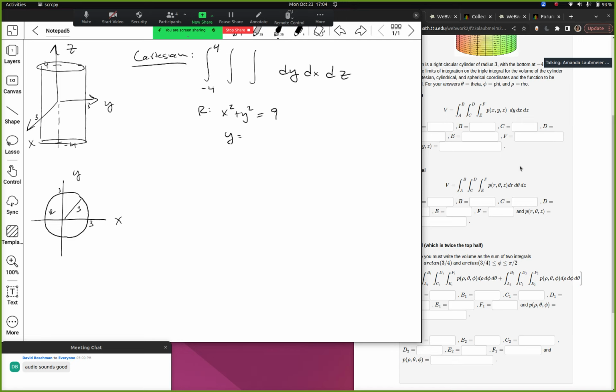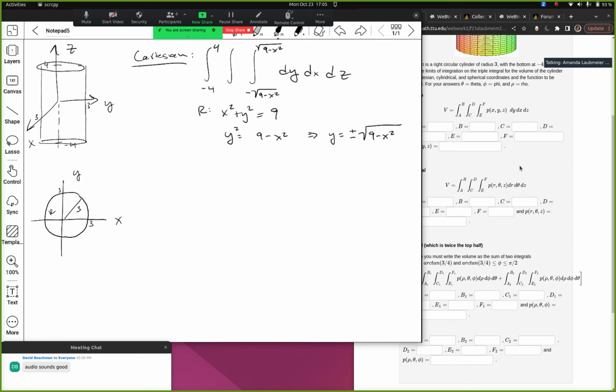And so if I wanted to solve for y, because it's inside, so I need its bounds to depend on x, I would have y squared equals 9 minus x squared, or y is plus or minus root 9 minus x squared. Oops, to start, I shouldn't have had that root there. Whenever you have y squared equals something, we have to remember that we get these positive and negative branches. That's really the one place where something goes wrong here. So we're going from negative root 9 minus x squared to positive root 9 minus x squared.